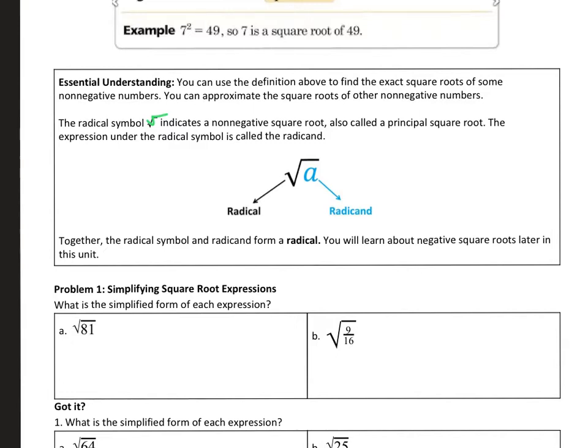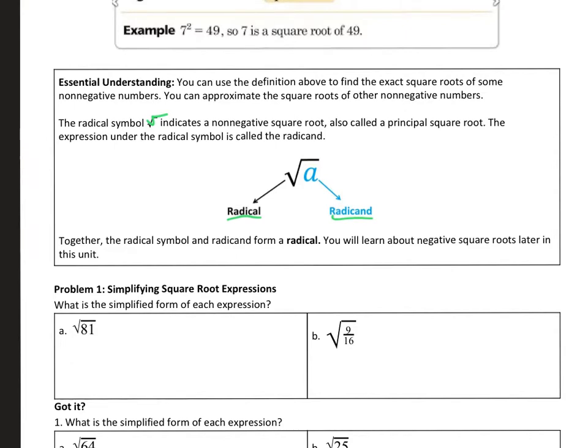The expression under it is called the radicand. Of those two vocabulary terms, the one I'm going to use the most is radical, and the radical is that square root symbol for us right now. Together, the radical symbol and the radicand form a radical, that whole expression.